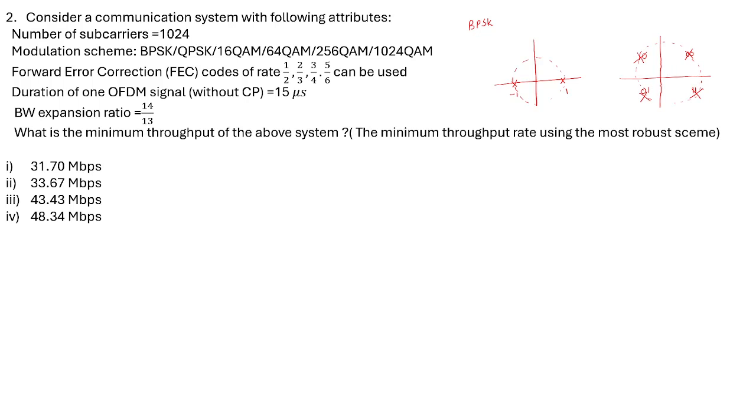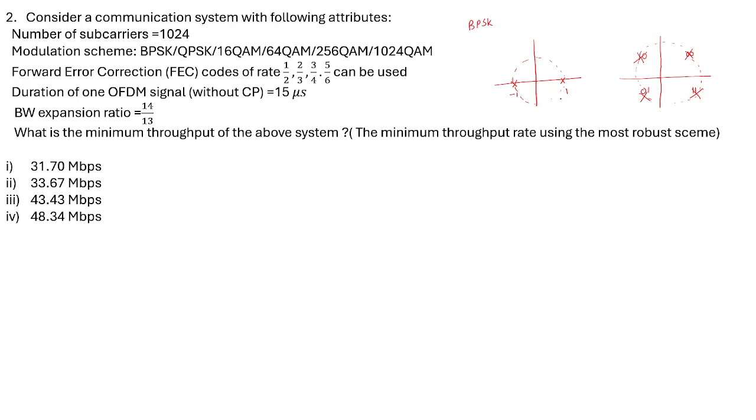So yeah, it's like that. For BPSK, you see the difference between the symbols. In case of QPSK, it's already reduced. We are considering the same radius of these two circles in case of BPSK and QPSK to make the constellation size the same.